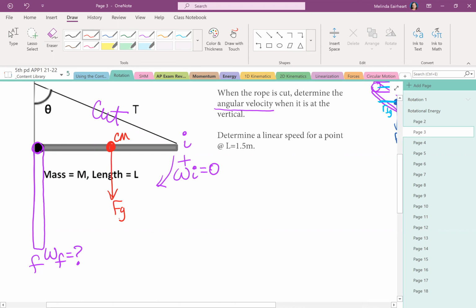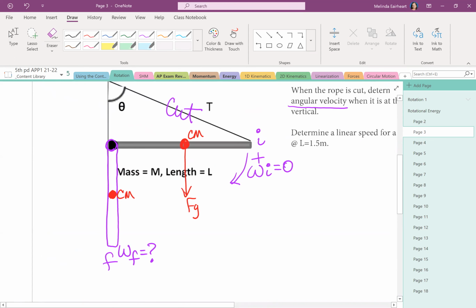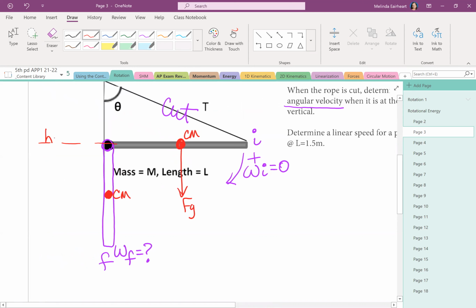Where does the center of mass end up? Well, it's still in the center of the rod. And so there's a height change for that center of mass. What is the height change? Not a number, what is it in terms of the length? Half the length is the height change, okay?